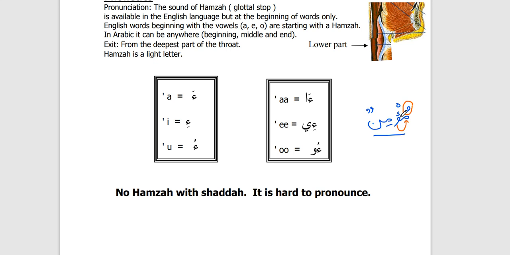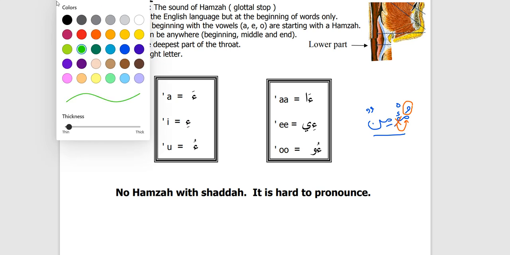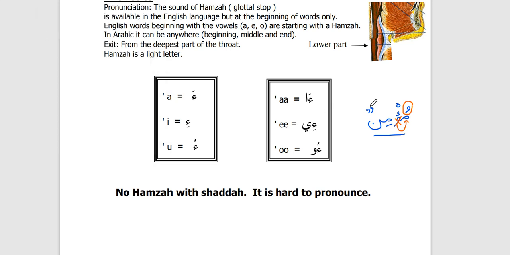That's why Hamza comes sitting on a waw. But you should totally omit and ignore the letter waw and see the letter Hamza sitting on it. So here the main letter we should see is the Hamza with sukoon.